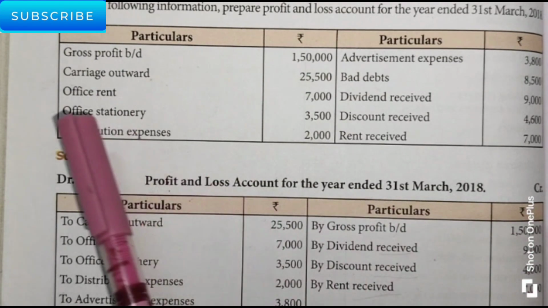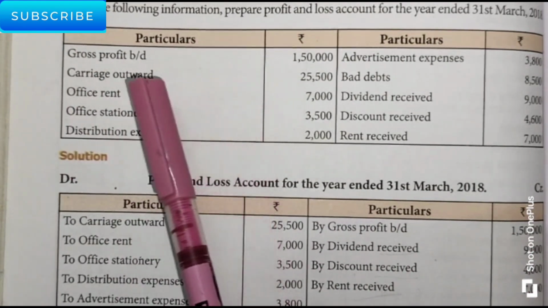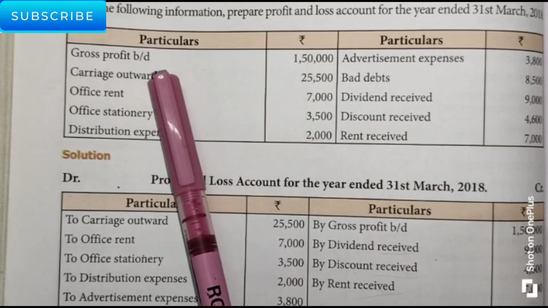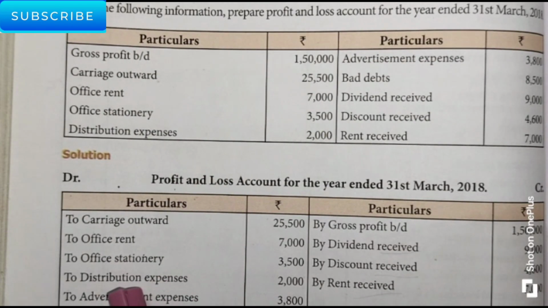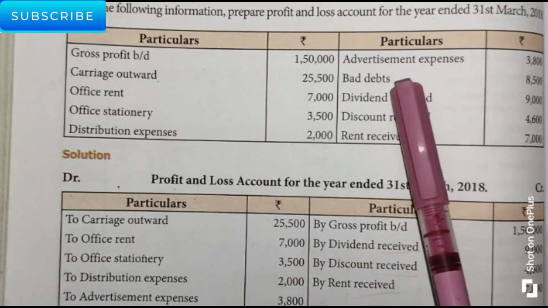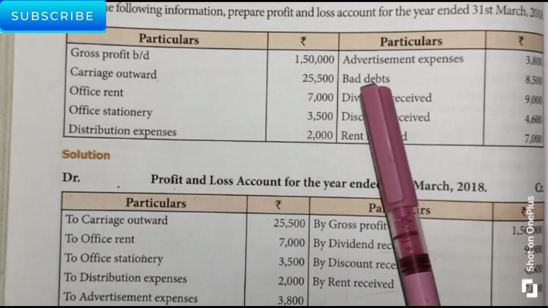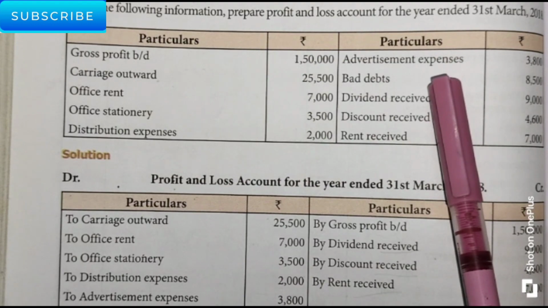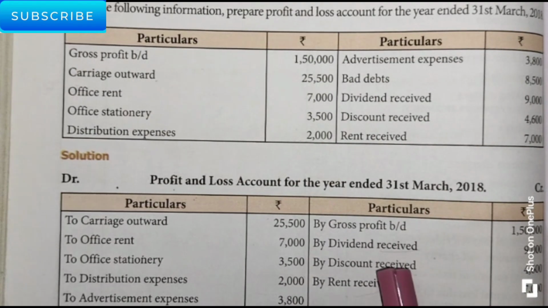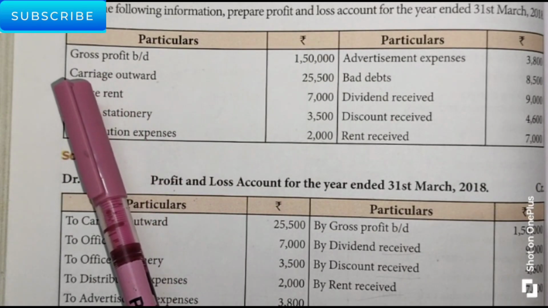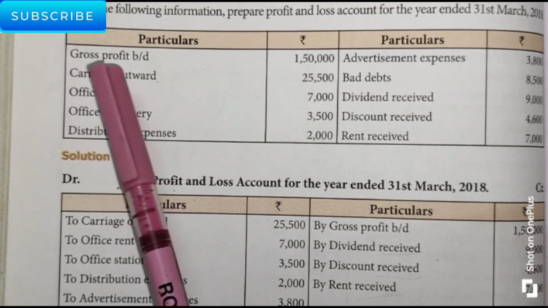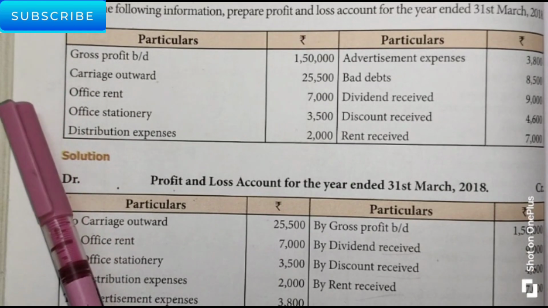Then carriage outward. Listen, all the indirect expenses and losses are entered on the debit side. All the indirect incomes and gains are entered on the credit side. Carriage inward is entered on the trading account.